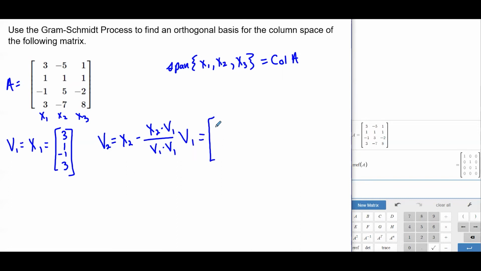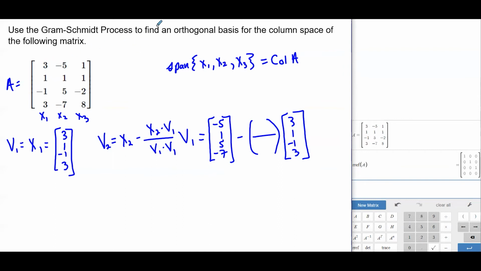All right, so we'll just work through this. So here's x2. We have a fraction with the dot products, and then times v1. v1 is x1. All right, so x2 dot v1. Remember, v1 is x1. So I just need to dot product x1 and x2.